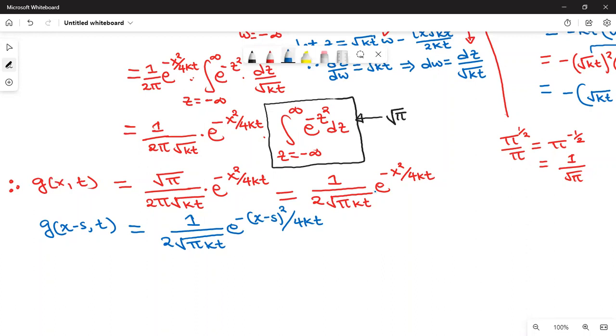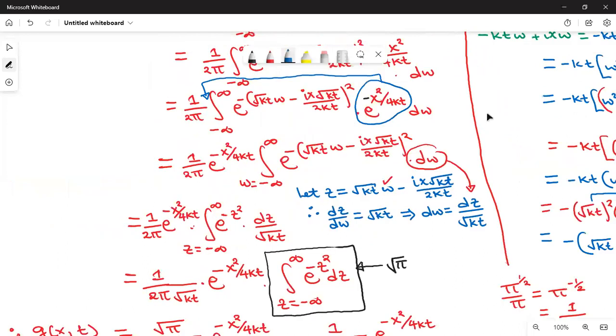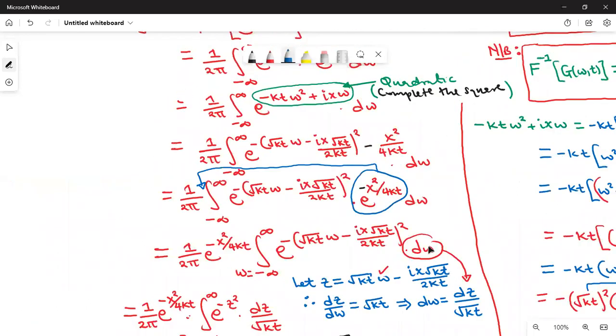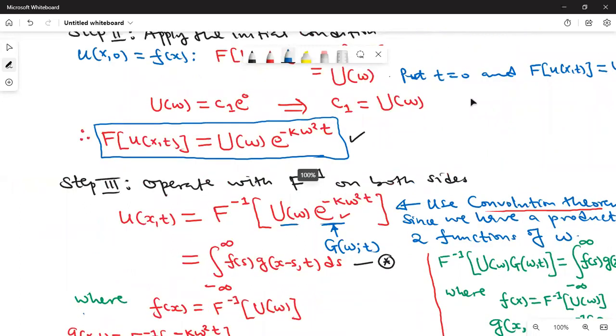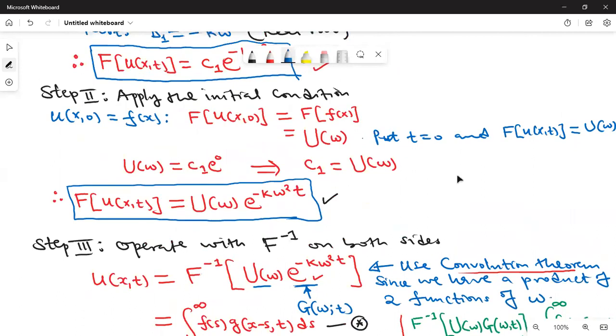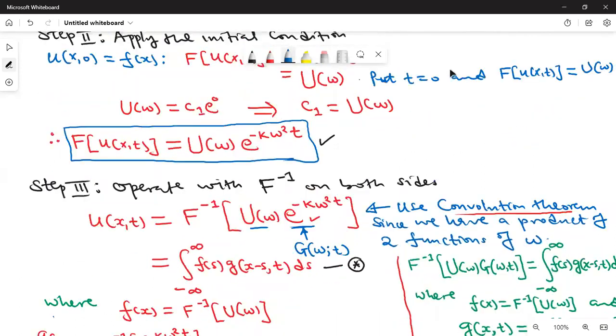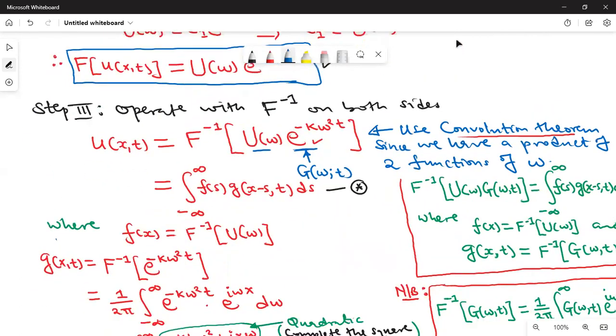And now our particular solution, we replace what we have found. Look at where we started. The whole of this was just to find g of x,t. As I have explained, I was very slow so that we understand each and every concept. So we'll come back to our equation star. How will it look?